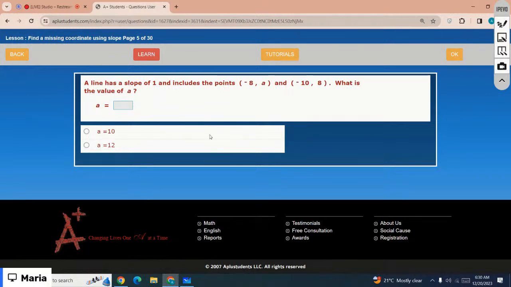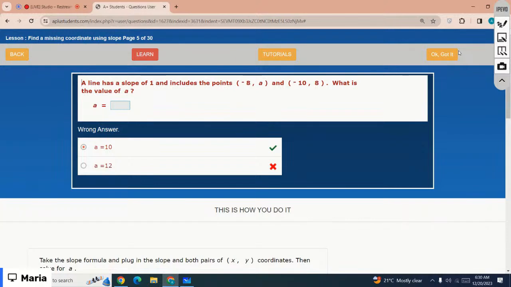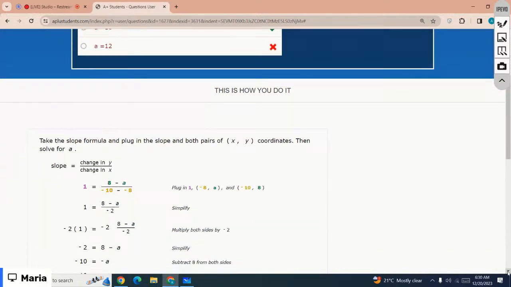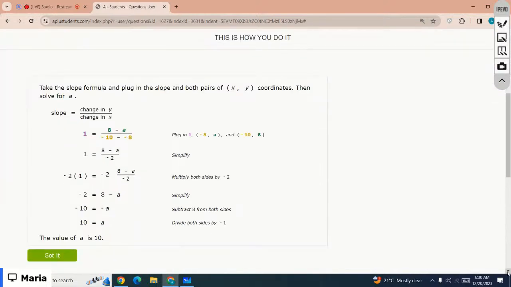The correct option is option number 2. A equals 12, right? 10. Let me see how. Okay, the correct option is 10.